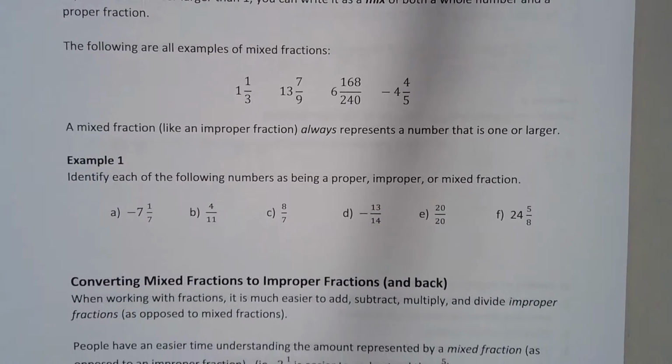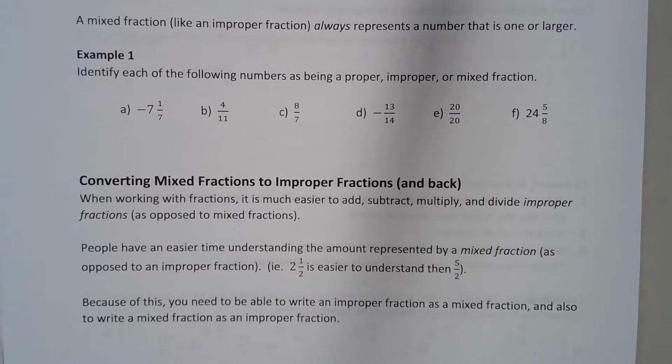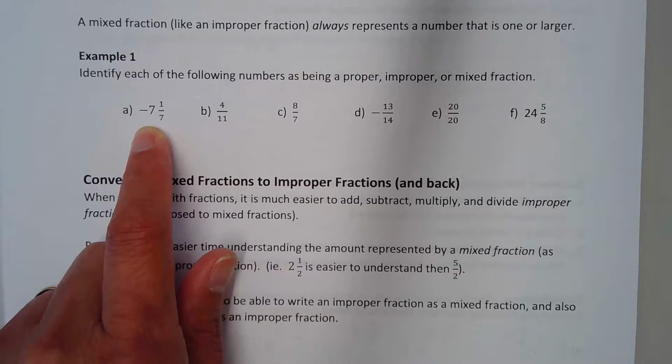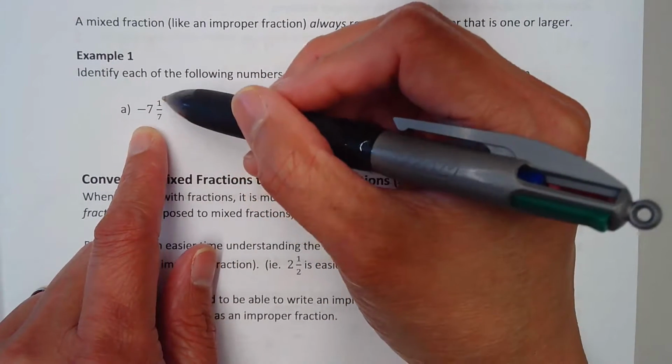So let's take a look at example number 1. It says, identify each of the following numbers as proper, improper, or mixed. Okay, so let's start. What would this be? Mixed. This is going to be mixed because we have a whole number and a bit more, right?